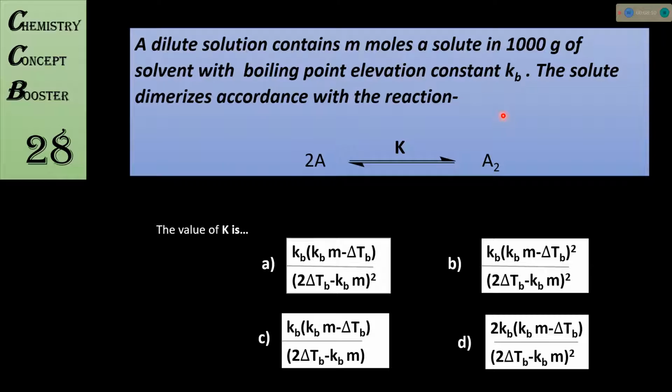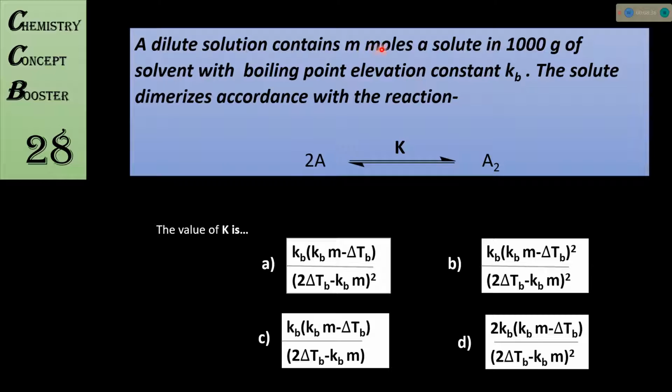If there is 1 mole of solute in 1000 gram of solvent, then it is called 1 molal, and 1 mole in 1 liter of solution is called molar. The previous one is molarity, 1 mole per liter.